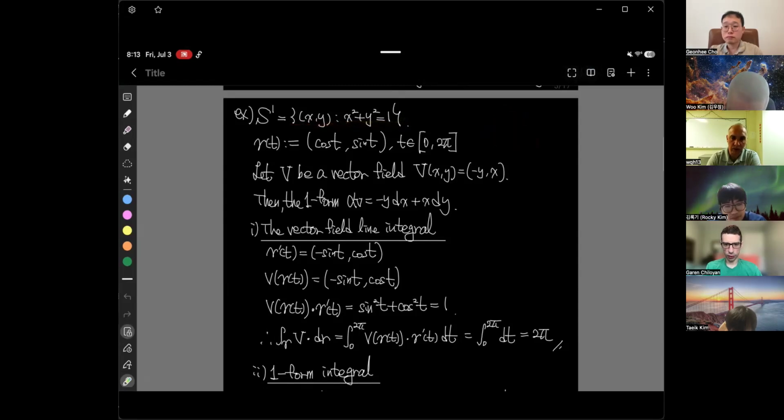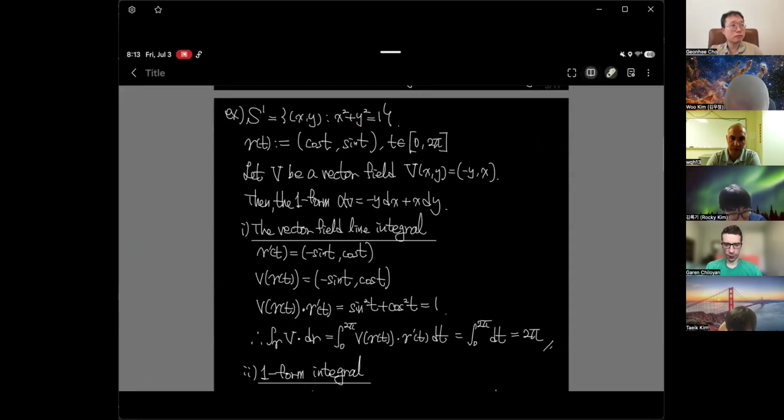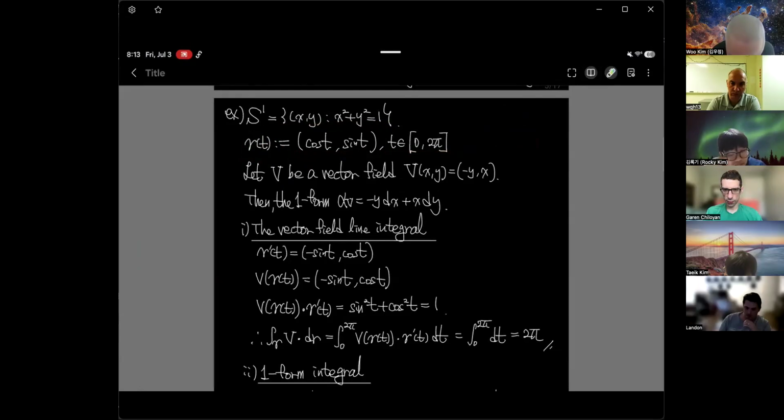Then we have a smooth curve, gamma of t, defined as cosine t, comma, sine t, with t from 0 to 2 pi. And let V be a vector field, which is called the rotation vector field, as far as I know.